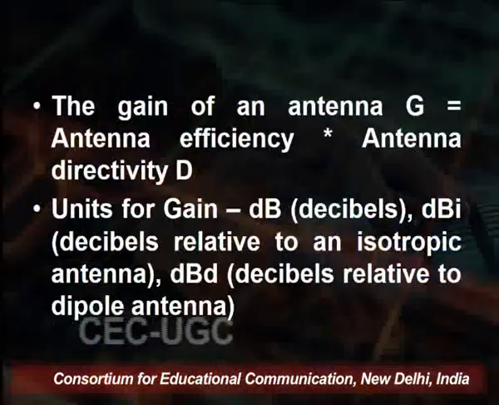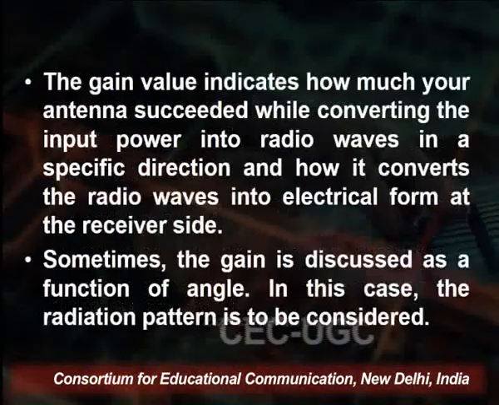When the directivity is converted to decibels, we can define it as antenna gain. And we know that gain G is equal to the maximum radiation intensity from the subject antenna over the maximum intensity from the isotropic antenna. That will be the total gain. Gain, defined by G, is also the antenna efficiency into the antenna directivity, and this is the unit as we discussed.